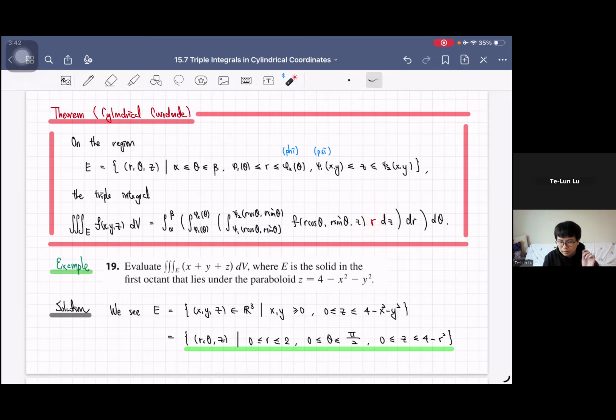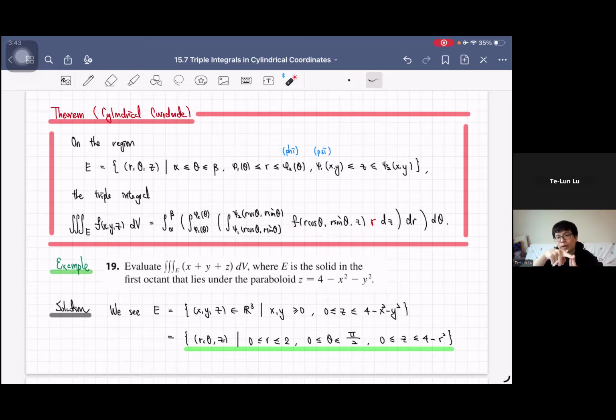Don't forget that. There are always three things when we're dealing with a change of variable. I will be emphasizing this throughout 15.7, 8, and 9. The first thing, obviously, is you have to change the integrand. That is the sole purpose of doing a change of variable, right? We want to simplify the integrand. So in this case, I change it into r cosine, r sine, and z.